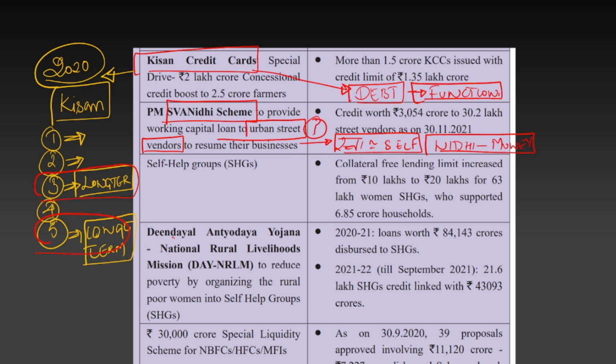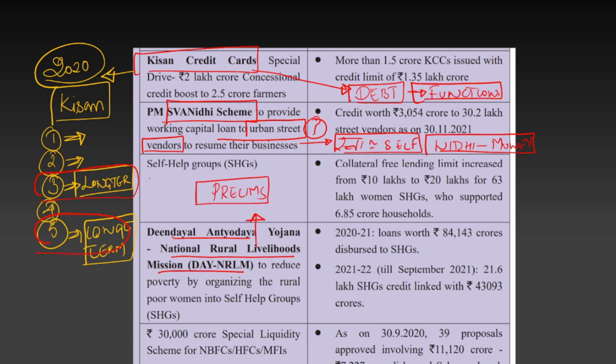Next, Deen Dayal Antyodaya Yojana, National Rural Livelihood Mission. This was earlier a prelims question. Now the names have been changed. It was earlier the National Rural Livelihood Mission, Jivika Yojana, but now Deen Dayal Antyodaya.